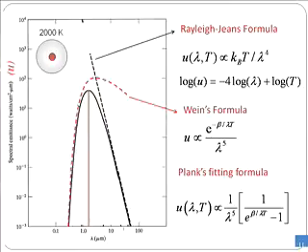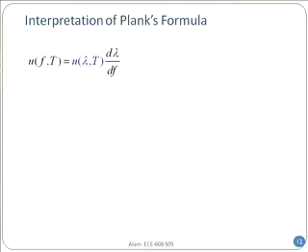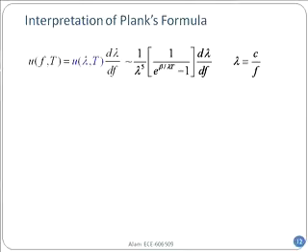But within a few months, he was able to come up with an explanation. And the explanation was the following. It is easier to work often in terms of frequency rather than the wavelength. So you can simply do a conversion between frequency and the wavelength, because these are related by the velocity of light, remember we are talking about light emission.